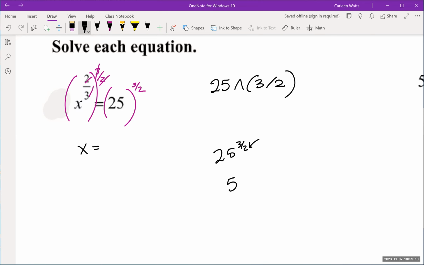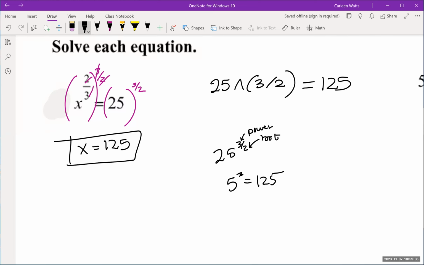So that's a 5, right? The top of the fraction is the power. 5 cubed is, okay, so when I plug this into the calculator, I should get 125. Yeah, 25 to the exponent 3 halves is 125. Okay, so you'll need to know how to do that on your calculators.